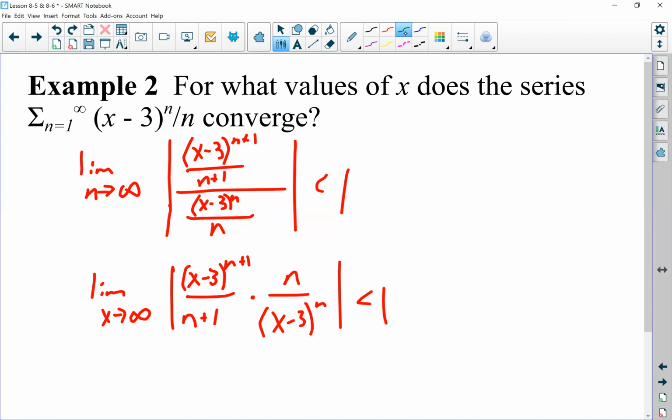In this case, n factors of x minus 3 cancel out. So I'm left with one factor of x minus 3 in my numerator.